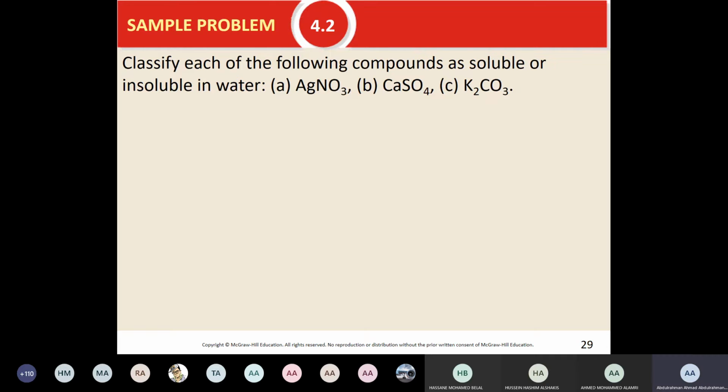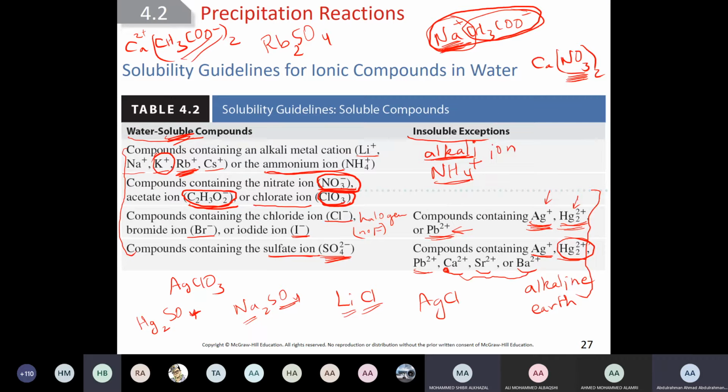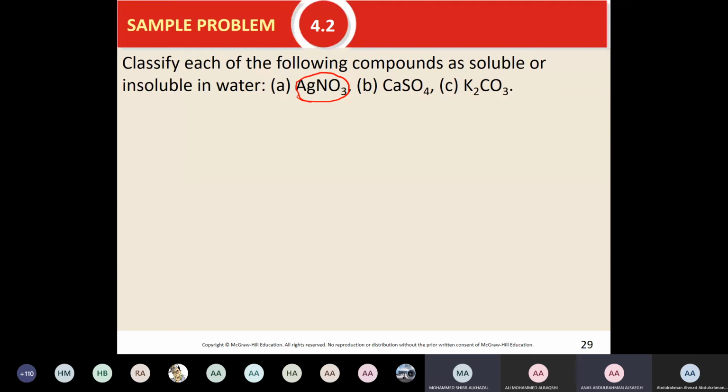Next. Now, from the table, probably you have the table with you. Is this soluble in water or not? The first one, no. Because of the second rule, it contains nitrate. Soluble.